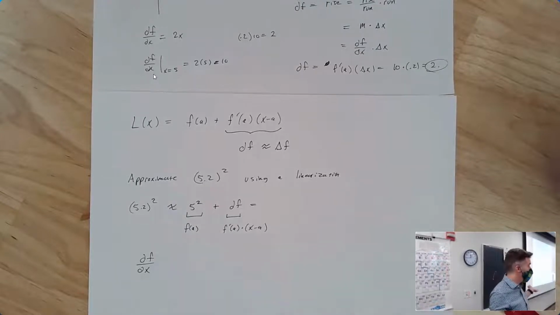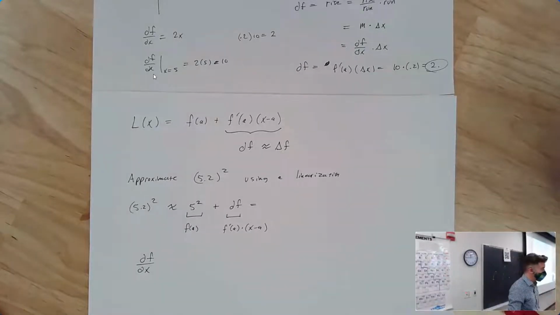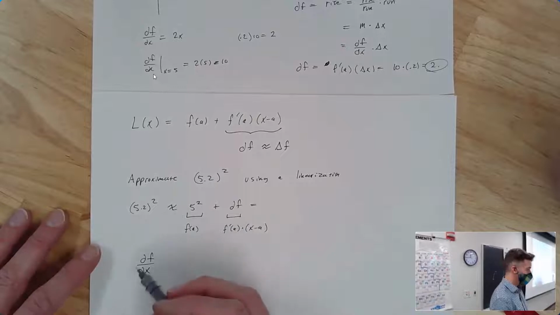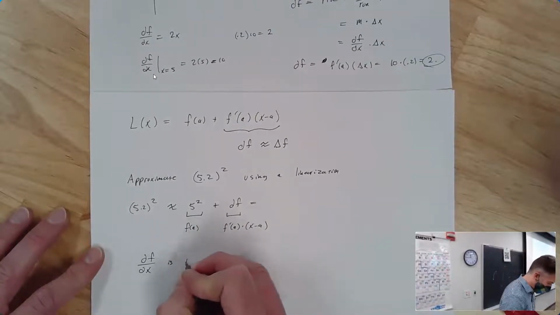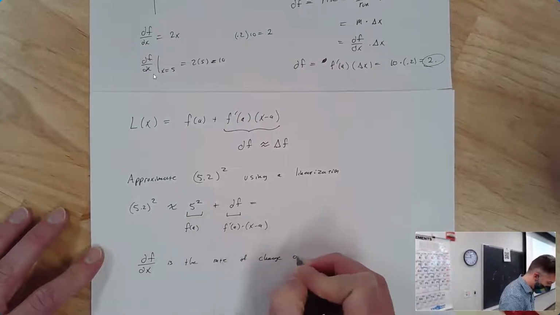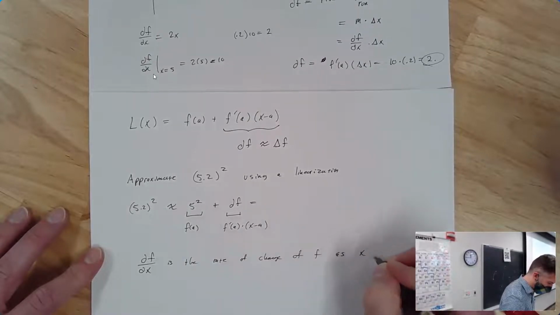I know it looks like a fraction. We treat it like a fraction. It has a lot of fractional properties, but it's technically not a fraction. It's notation that indicates we're asking how f is changing as x is changing. So this is the rate of change of f as x increases.